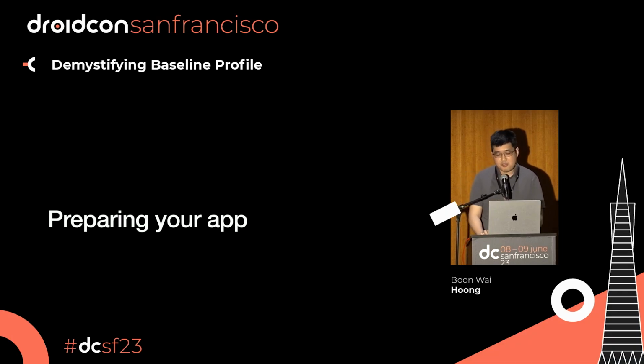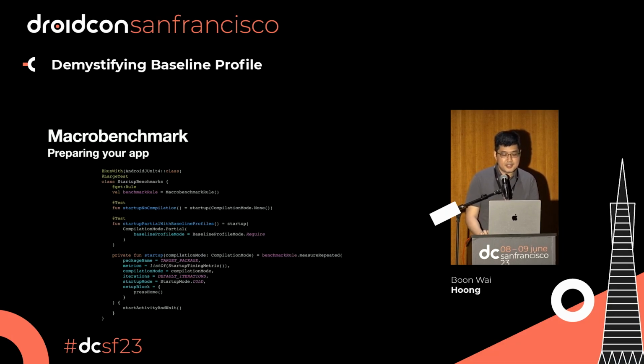So next, we'll move on to preparing your app. So this is a startup benchmark. It kind of looks like this. We'll focus on this particular test case where we say we want it to have a compilation mode of partial, and it requires baseline profiles.